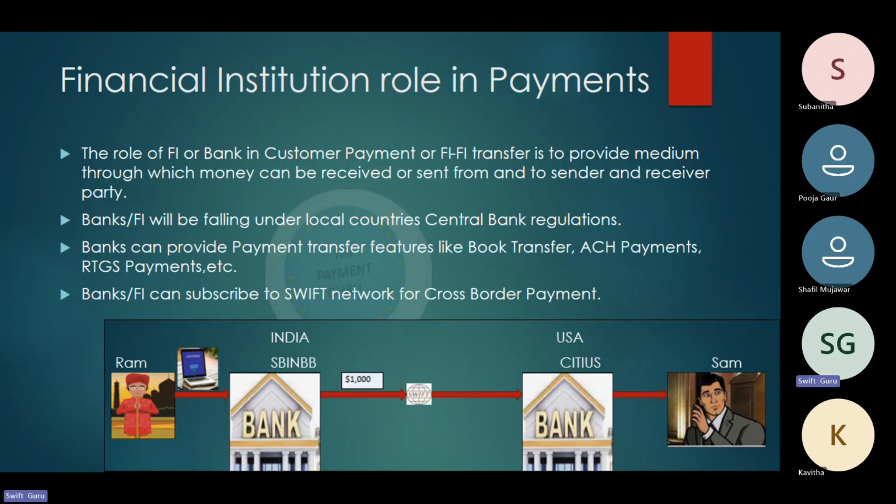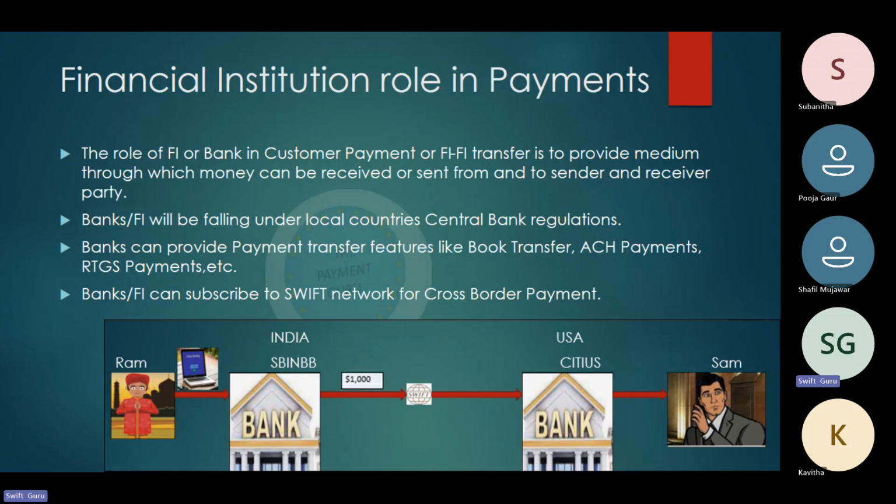So, what is their role in payments basically? The role in payments is nothing but to act as a medium through which money can be sent and received. This is the job of the financial institution in payments. If a person wants to make a fund transfer, they utilize the tool which they have been provided.